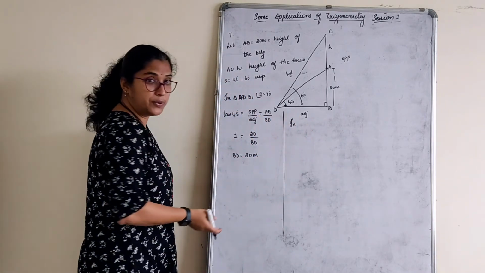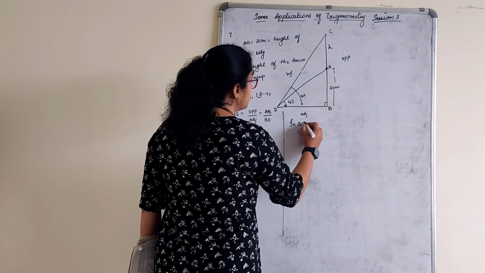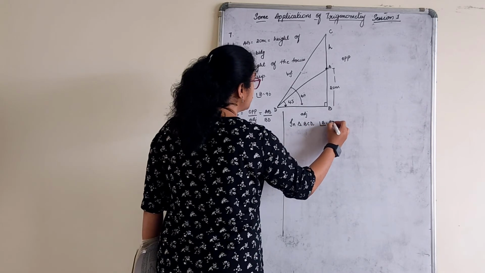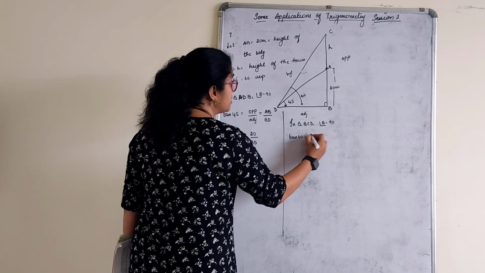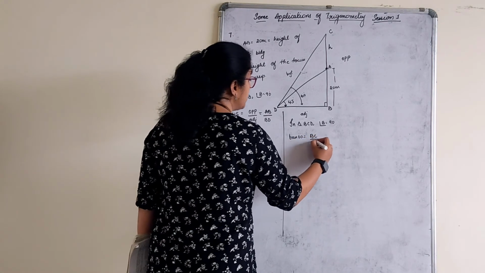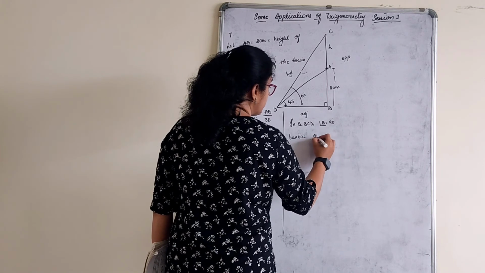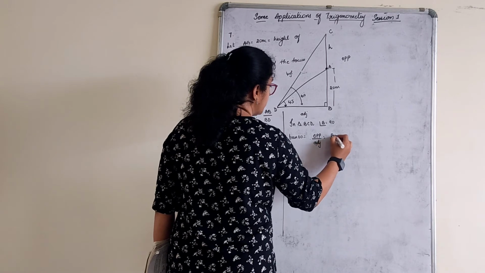Again, next triangle now. You have to do this one below the other. Okay. In triangle BCD, angle B is equal to 90 degree. Tan 60 is equal to BC upon BD. Opposite upon adjacent.